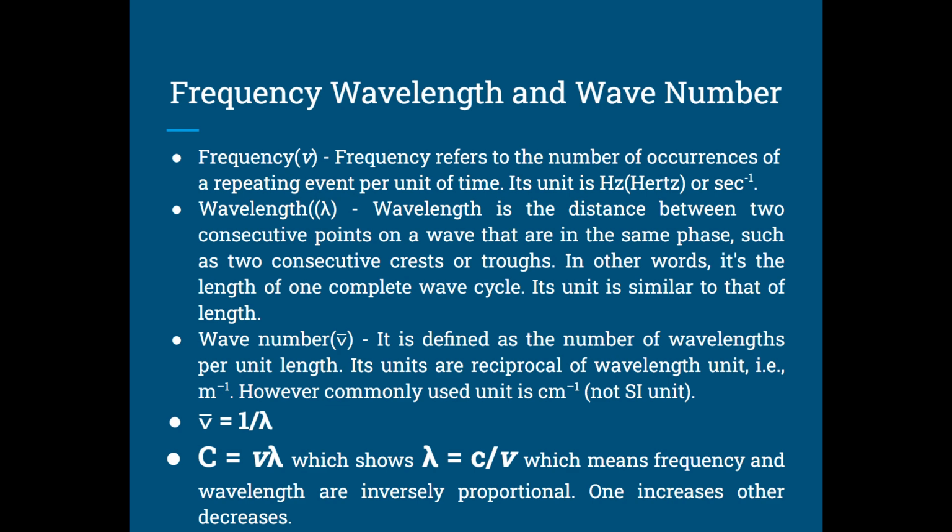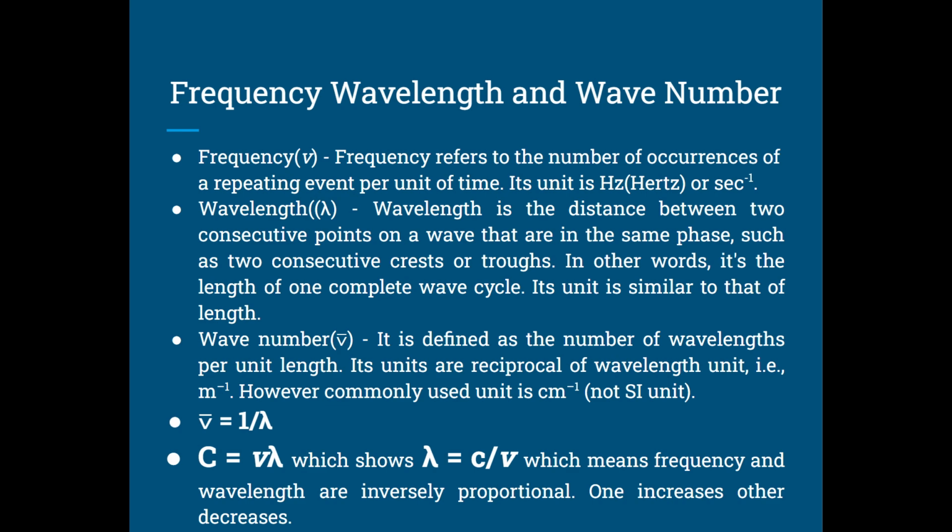Then wave number, as I told you, is the inverse of wavelength, and here are the formulas given. Mu bar equals 1 by lambda, or lambda inverse, and the relationship between frequency and wavelength is given as c equals mu lambda. Here c is the speed of light, that is 3 into 10 to the power 8.